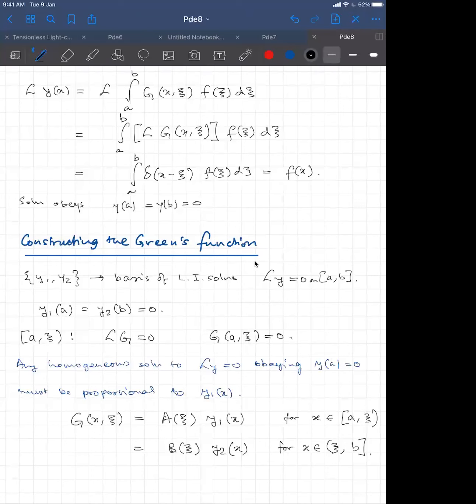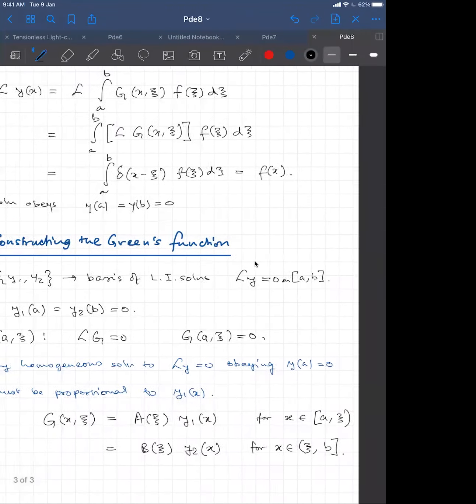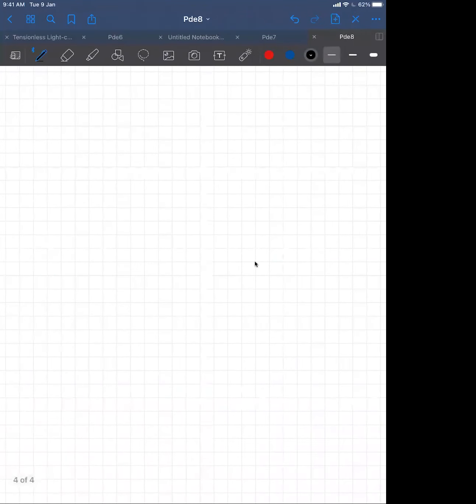Suppose g of x, psi is discontinuous at x equal to psi, with a discontinuity modeled by a step function.